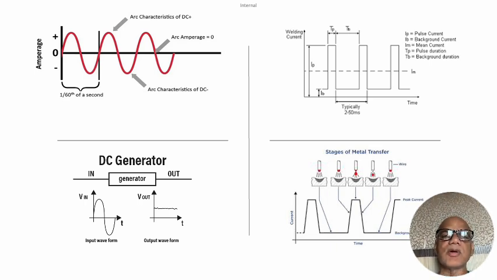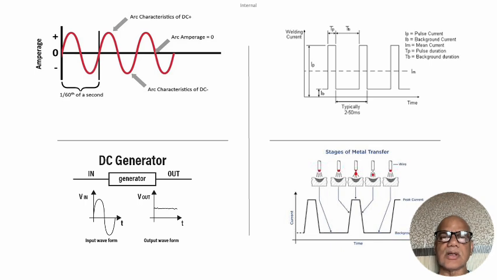Now here the important parameters in this kind of pulse: while the current is pulsing, this is called the background current, this is called the peak current or the main current, and between the two, the average, depending upon the time of pulse and the time of the background duration, gives the mean current.